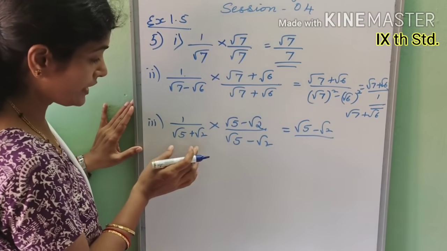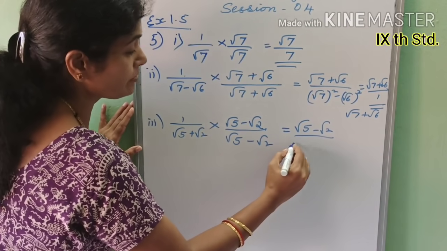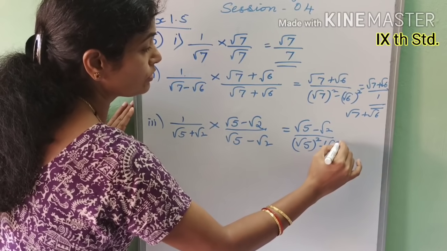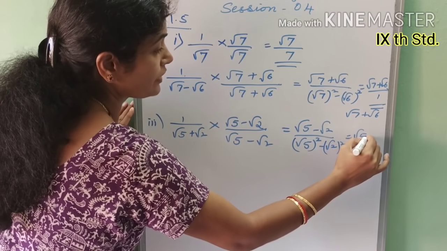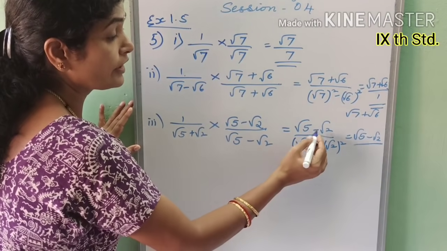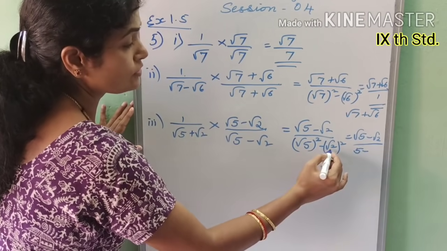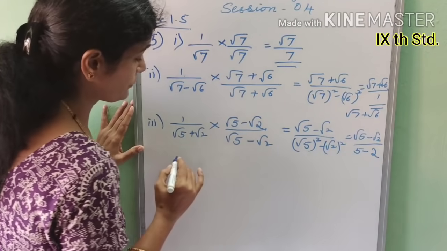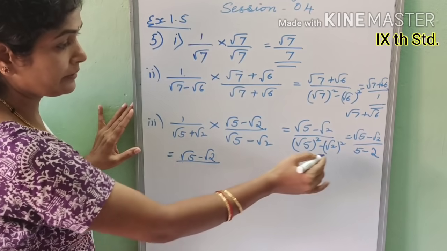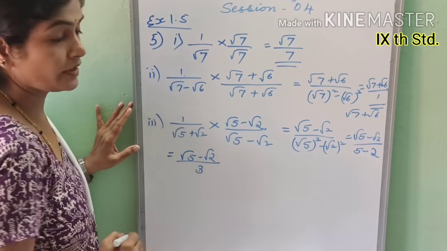Here it is again of the form a plus b into a minus b, so root 5 whole square minus root 2 whole square. Root 5 whole square is 5, minus root 2 whole square, which is 2. So this leads to root 5 minus root 2 divided by 5 minus 2, which is 3.